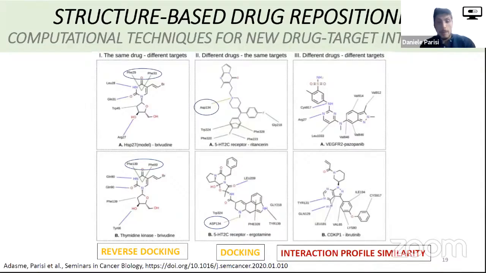Another way is canonical docking, when from the same target we are trying to find more ligands than the ones that are currently available.